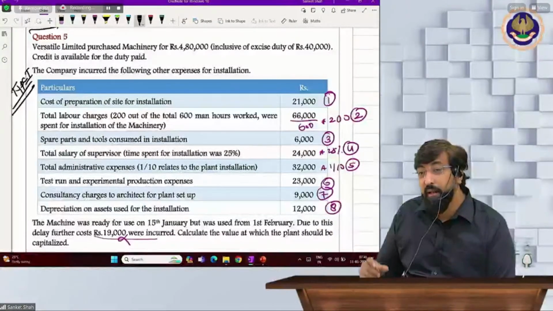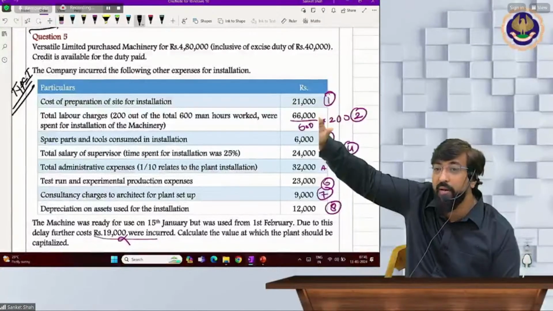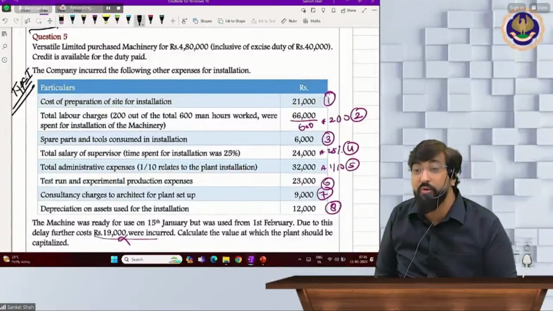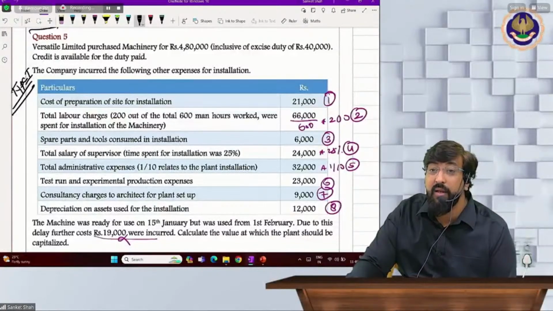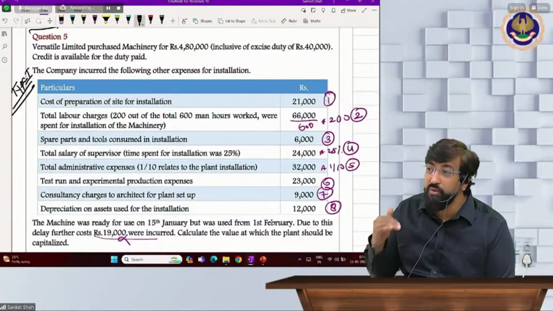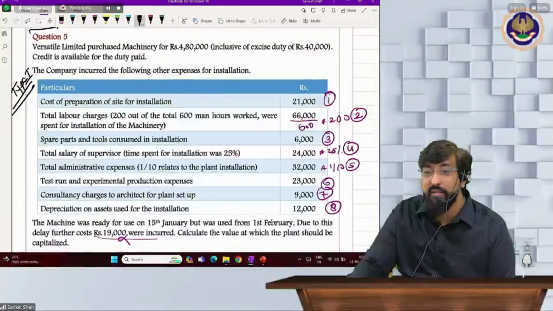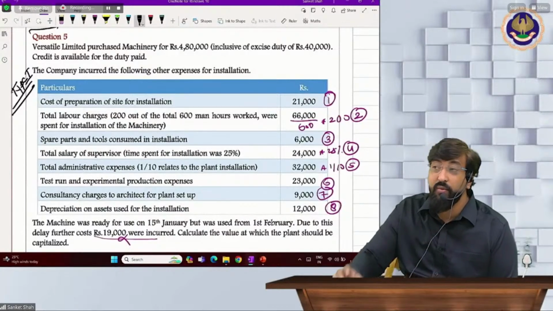It gives no extra benefit beyond what we already had. For example, my standard capacity is working 8 hours, so I will work 8 hours; that is my normal level. When I work more than that, efficiency has increased. Similarly, if the asset's efficiency increases from its original capacity, that is a different thing. When the original capacity is increasing, it is called capital expenditure. If it is a regular routine expense, it does not improve efficiency; the capacity does not change, only smooth working is there. If you do servicing, it doesn't mean your average will increase beyond what the company gave when we bought the asset.